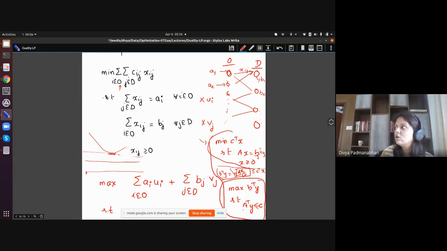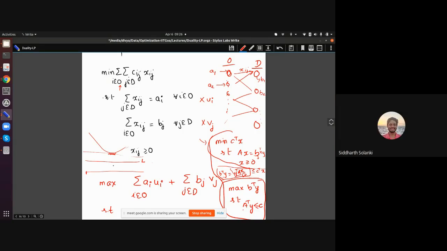So if L is a lower bound, by solving this original optimization problem you are guaranteed that you will be at least as good as L. Your optimum value is not going to go below L. You're trying to get that kind of a guarantee.